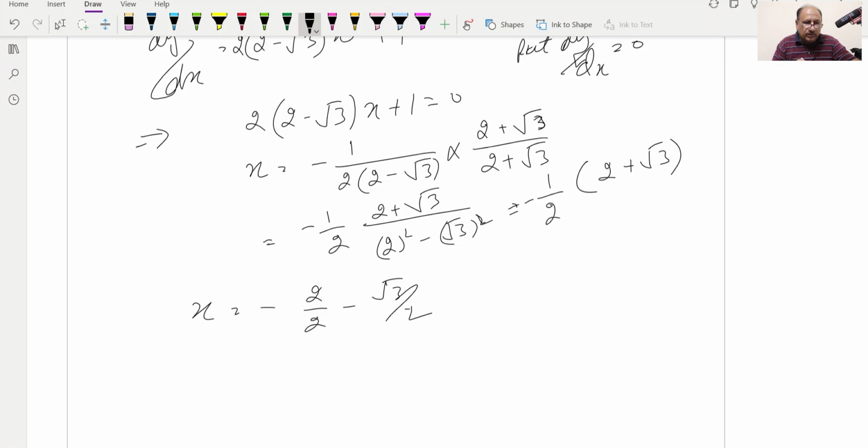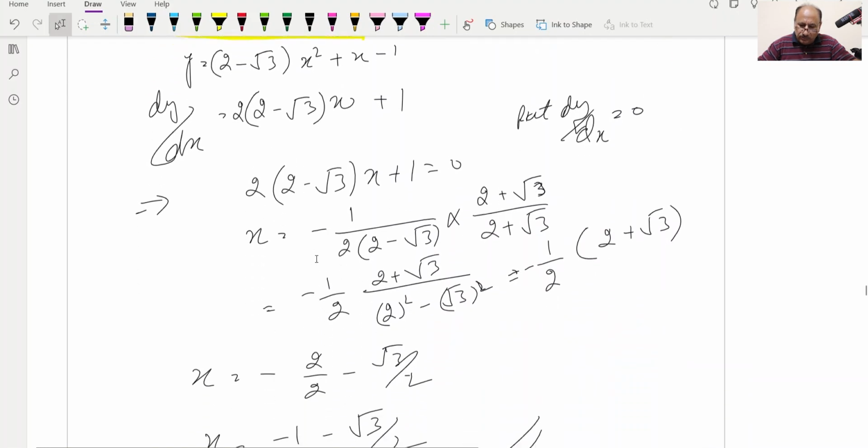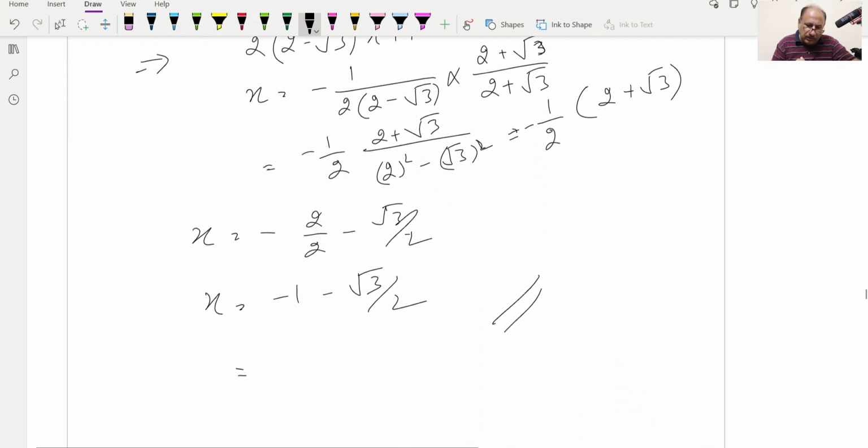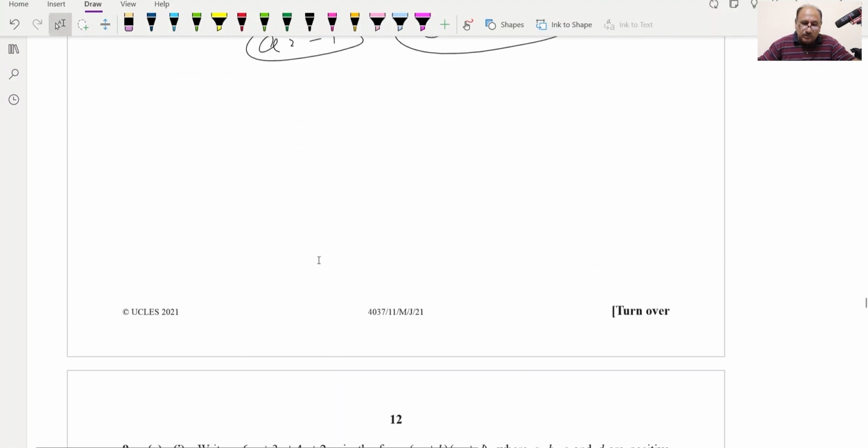So x will be equal to minus 1 minus under root 3 by 2. This is the x value which we have done. This is a and b, so we can write it like this: minus 1 by 2 and under root 3. So the a value will be minus 1 and the b value will be minus 1 by 2. This is the question which we have done.